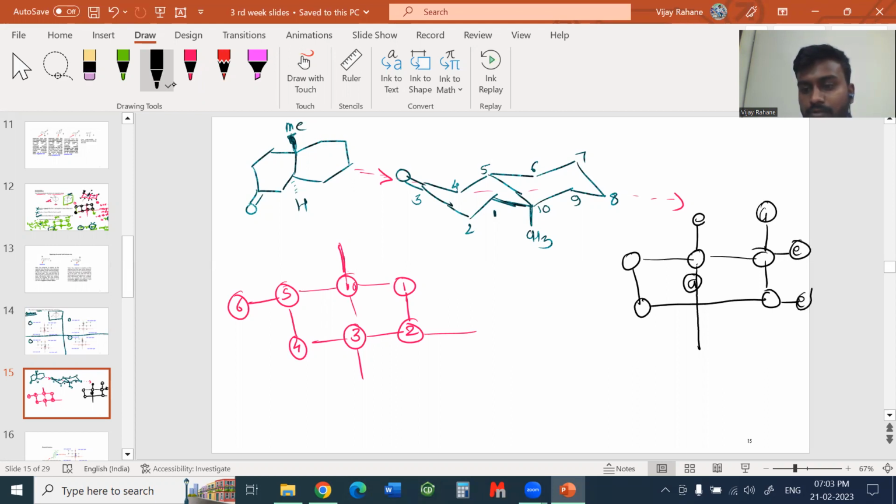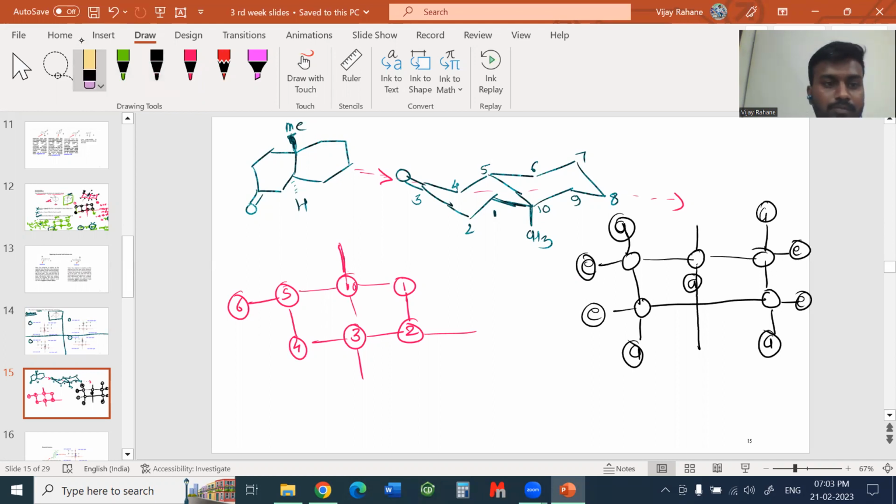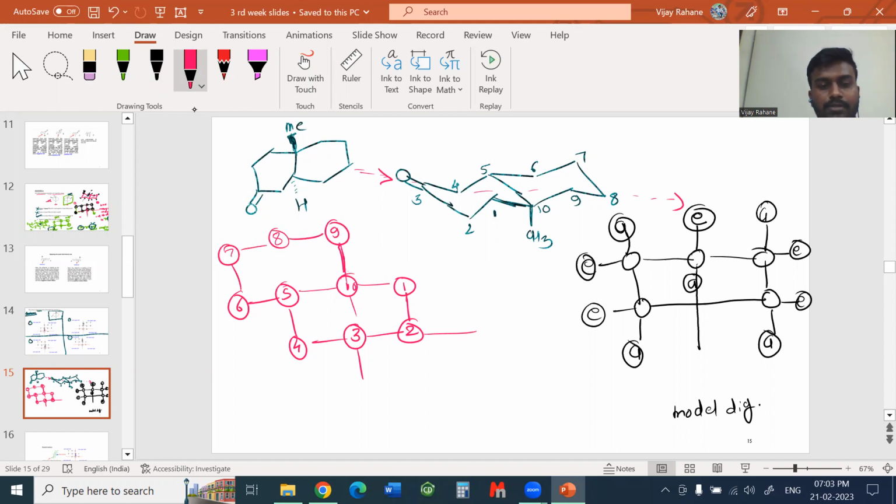For this one, equatorial like this, axial like this. For this one, axial here and equatorial here. For this one, equatorial here and axial here. Just keep in mind, this one is the equatorial one. Just keep this diagram in mind while drawing. So the 9 will be here and the remaining carbons accordingly, right?